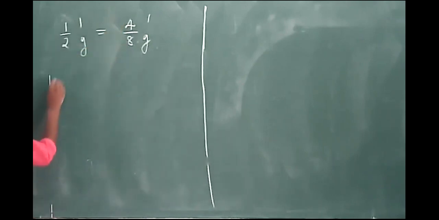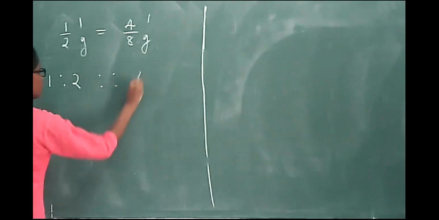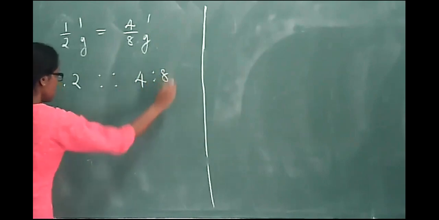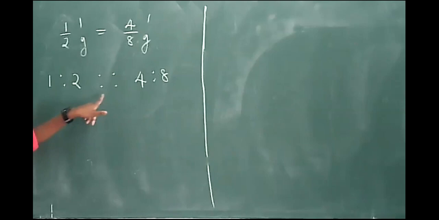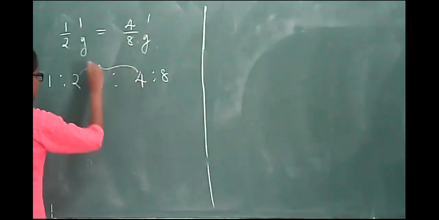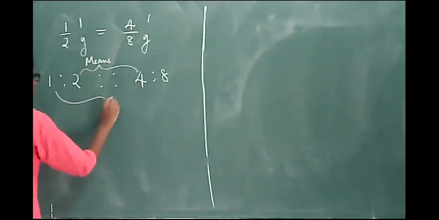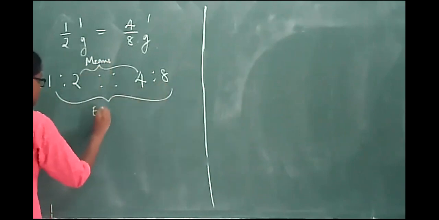So we would say 1:2 is proportional to 4:8. So you use double dots over here. So the middle two terms are called means and the extreme two terms are called extremes.